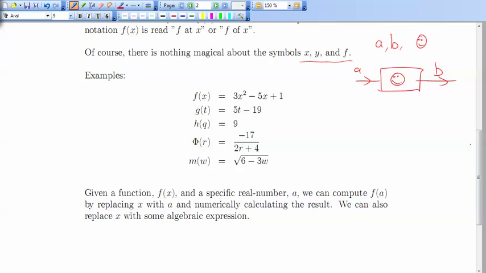Now here are some examples of functions. You'll notice that I have given all sorts of different symbols for the names of the functions themselves and also for the independent variable. And here we see that there's an actual equation for each one. So that tells us how, if I take a particular input, x, my independent variable, I can get a certain output. I just have to calculate it.